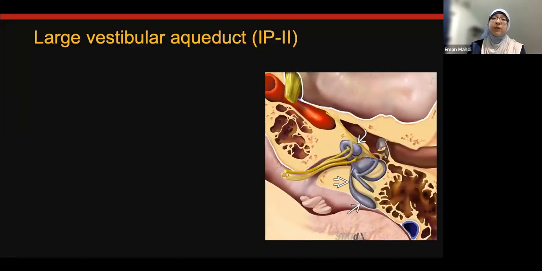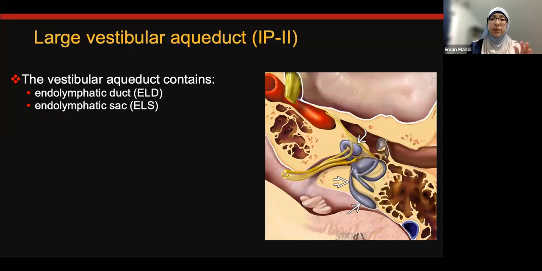And then there is the large vestibular aqueduct, which they consider part of cochlear incomplete partition type 2. So what's the vestibular aqueduct? The vestibular aqueduct contains two things: the endolymphatic sac and the endolymphatic duct. The sac is the more posterior structure that sits really next to the mastoid air cells.